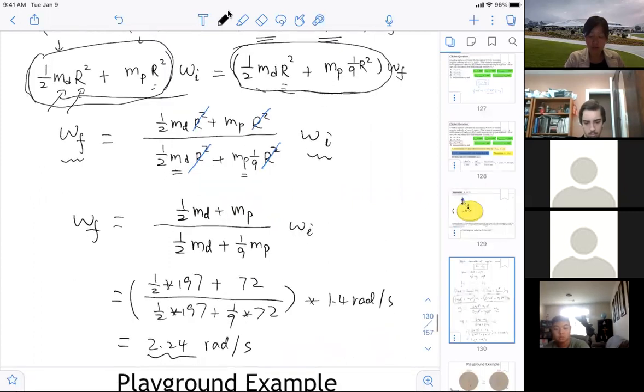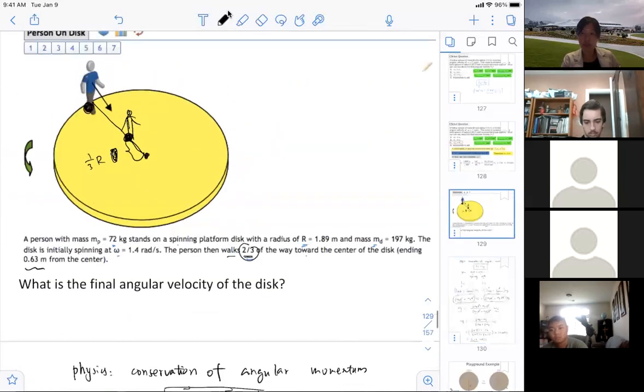So you are probably already very familiar with this approach that we always wait until the end to plug in numbers. We cancel what we can and do this at the end. Okay, so you can see this is one very classic example where you have a rotating platform and you change the mass distribution by bringing part of the mass in or bringing part of the mass outward. And now you know how to calculate it.